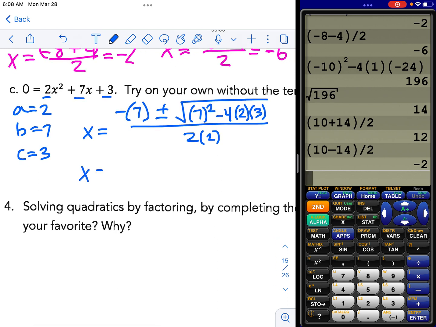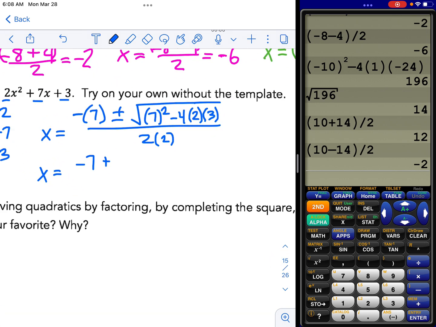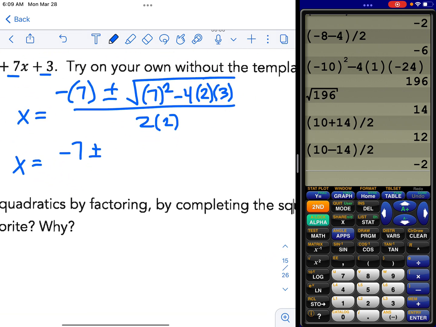There we go. And so that equals, looking here, opposite 7 is negative 7, so I'm just going to write negative 7, and plus or minus, excuse me, the square root of, and now I need to do that on my calculator.